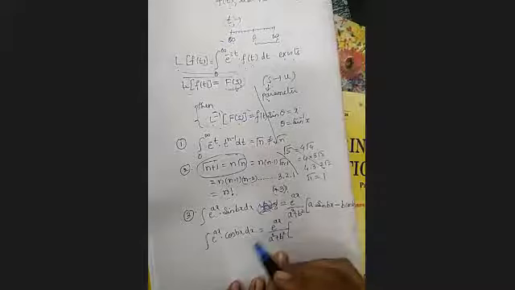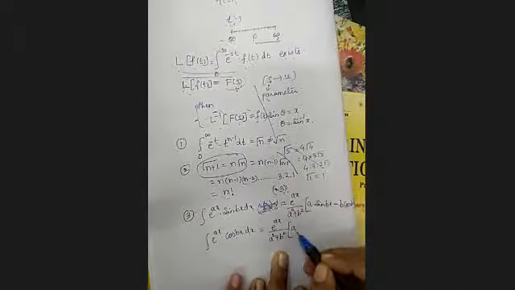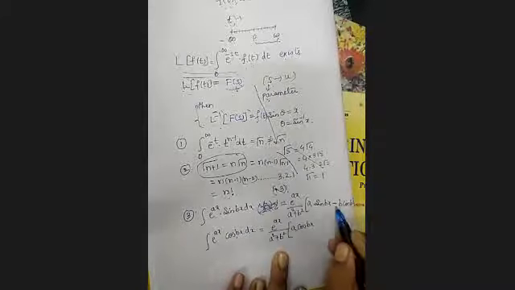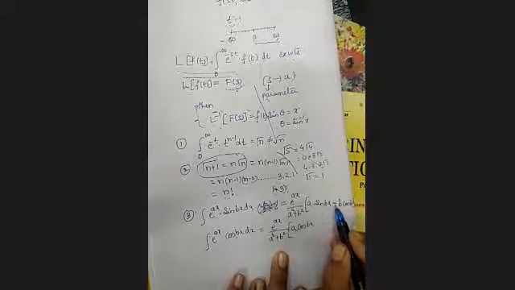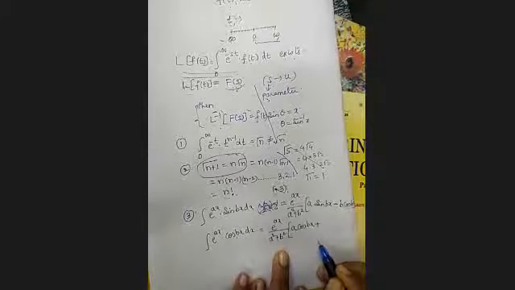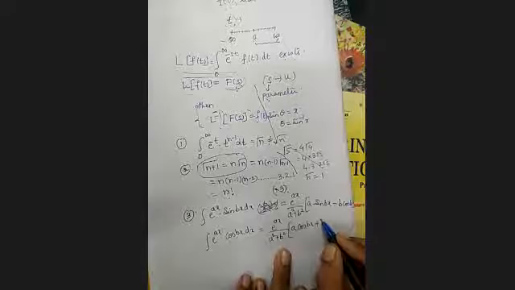If you have cos, it should be a into cos first, then one sign changes. If you have sin you get a minus in between, but when you have cos, you get a plus. And the next term is b sin bx.